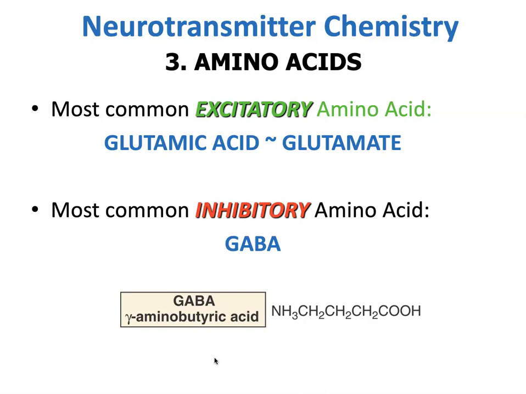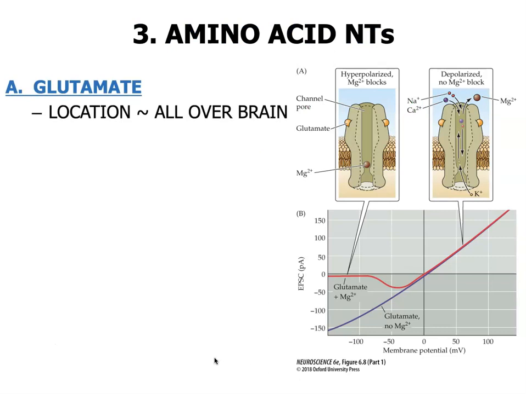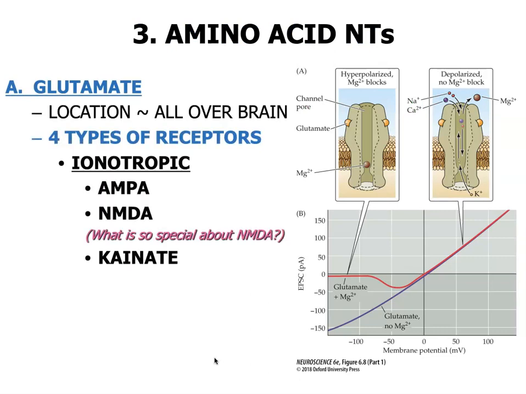And so again, you get this balance of excitatory and inhibitory signaling within the brain. And so we'll be focusing on the use of these 2 different types of neurotransmitters with our learning and memory paper.